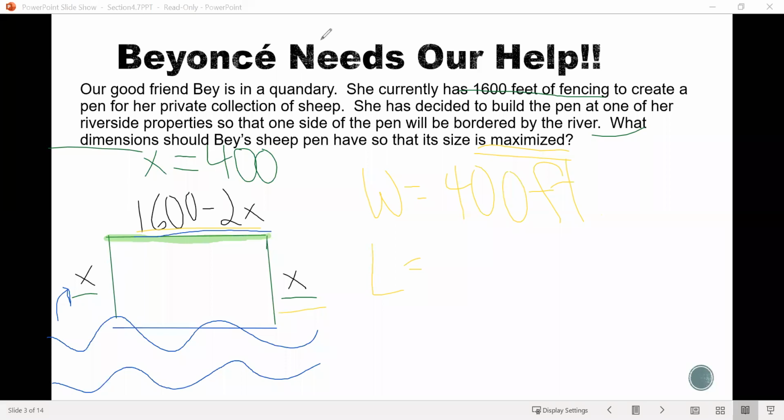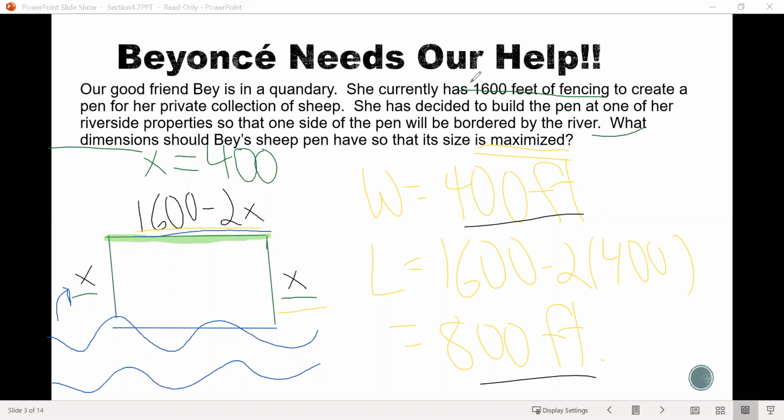And for the length, we plug in 400 there, so it's 1600 minus 2 times 400. And so that would give us 800 feet. Okay, so our optimal dimensions here would be 400 feet by 800 feet to give us that total area of 320,000 feet squared.